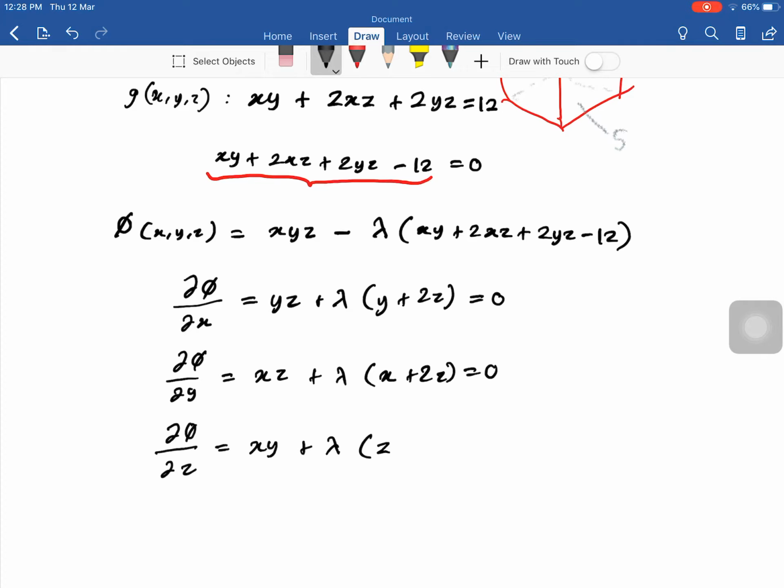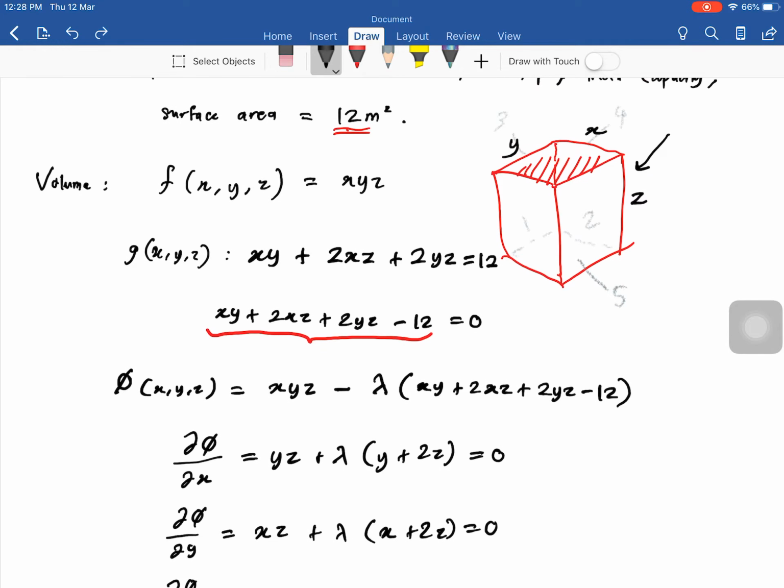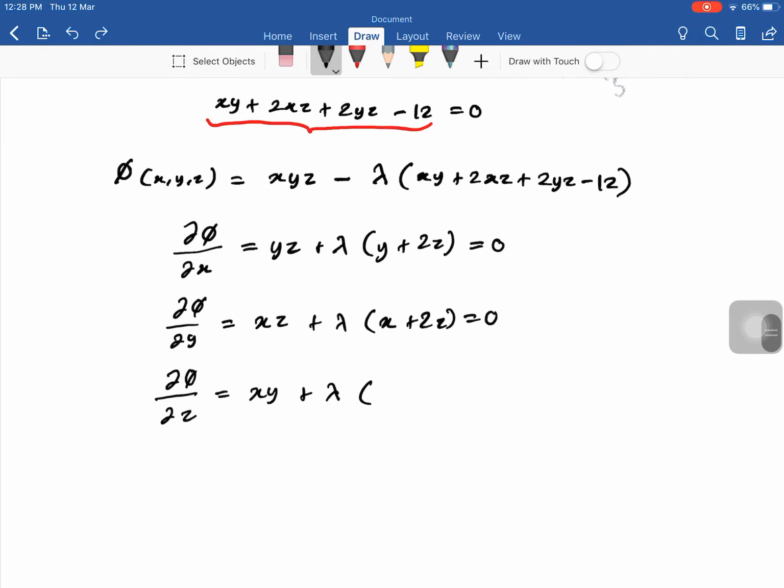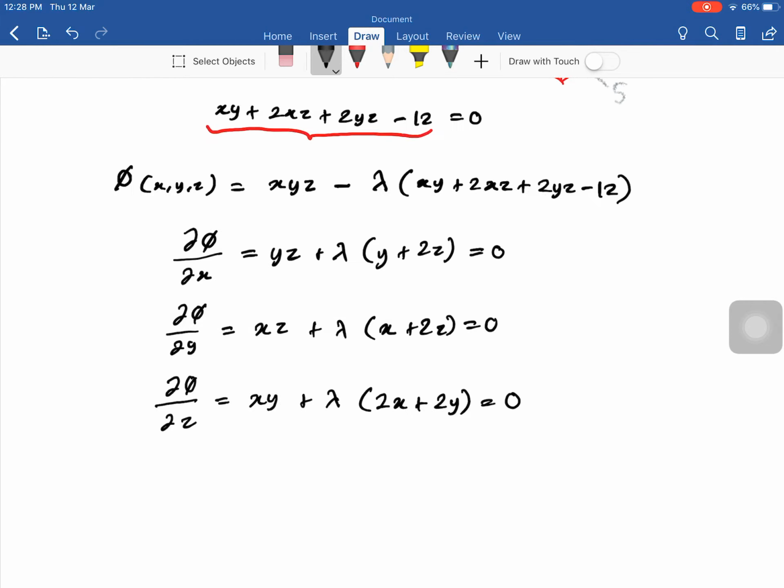Is it correct? Nope. This one is a little different because remember we have one surface removed. Alright. So we have these three partial derivatives.